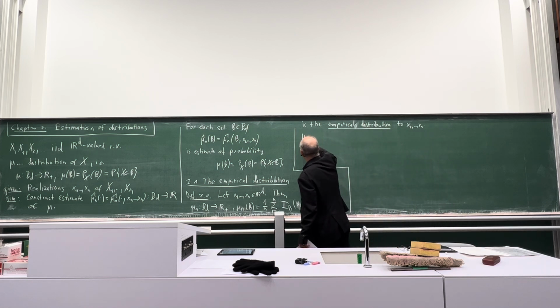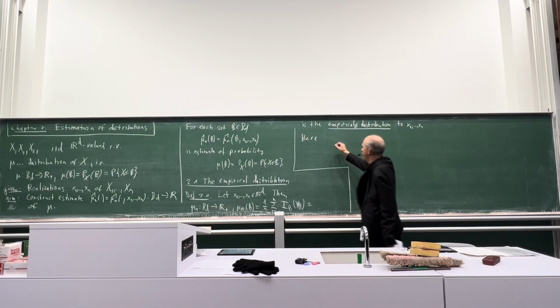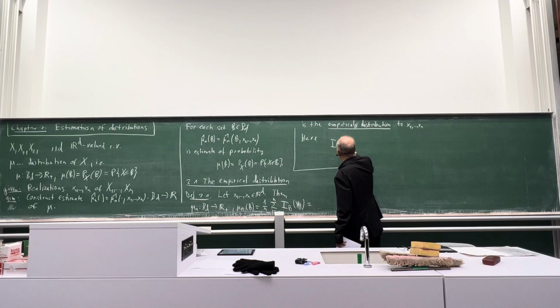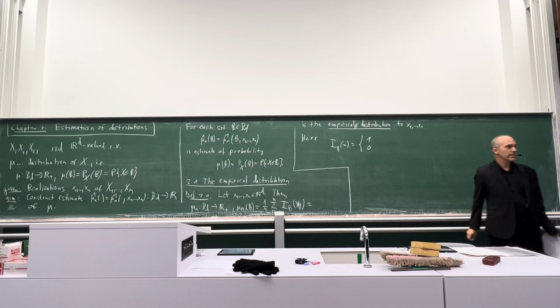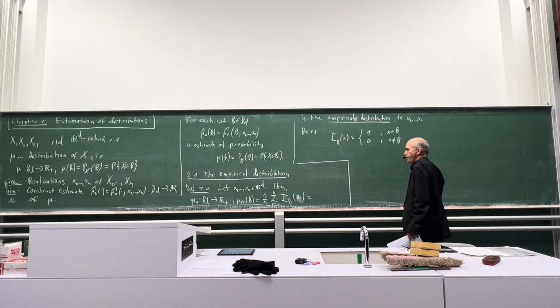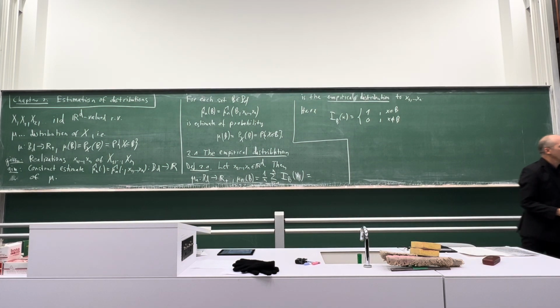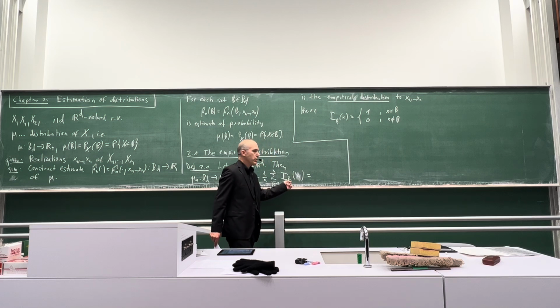And now I explain my notation, this IB of x. It is either 1 or 0. It's 1 if x is in B and 0 else. And then it's easy to see what you do here. You sum up for each xi which is in B, you get a 1.